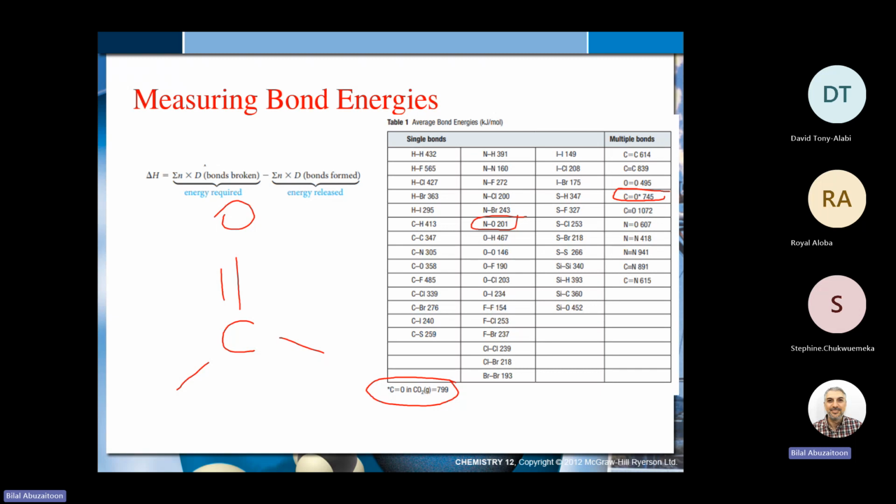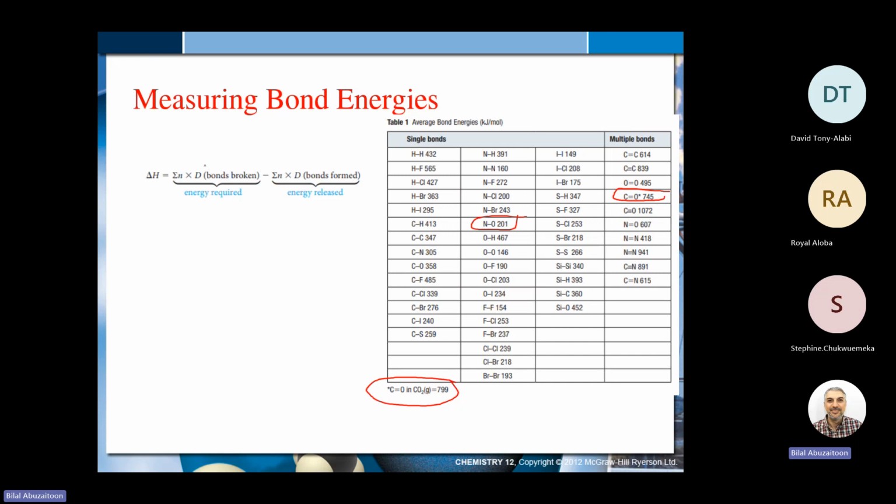Could be aldehyde, that's right. What else, guys? Could be ester. Ketone, yeah. Could be amide. So any of these molecules could have C double bond O.